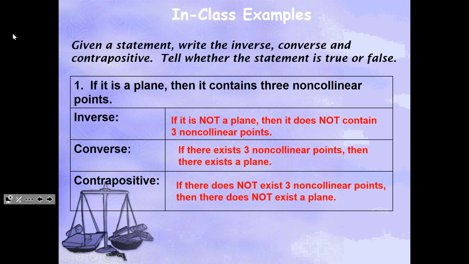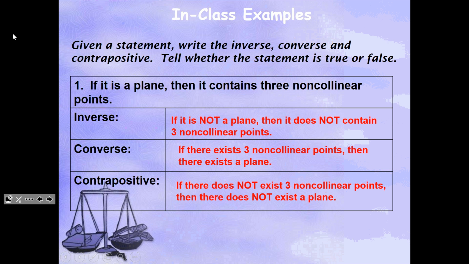Let's read our contrapositive statement. If there does not exist 3 non-collinear points, then there does not exist a plane. And that one's supposed to go with our conditional that says if it is a plane, then it contains 3 non-collinear points. What do we think? True or false? True. So if one of them's true, the other's true.